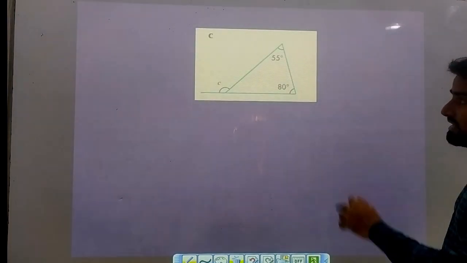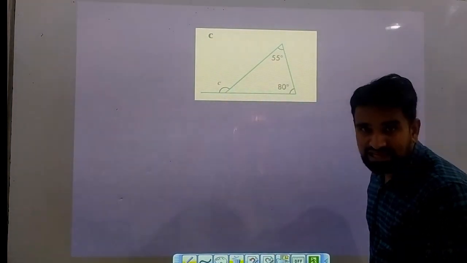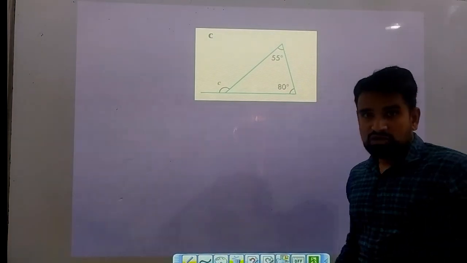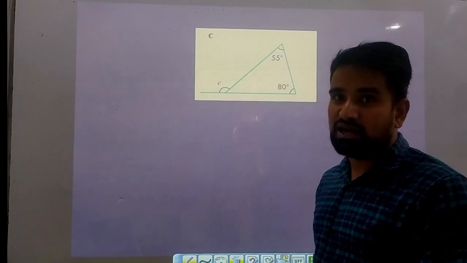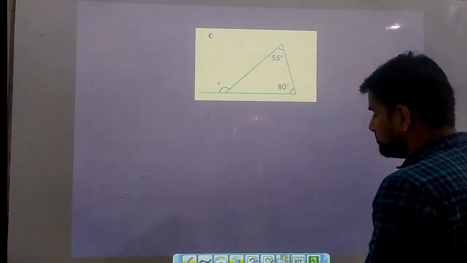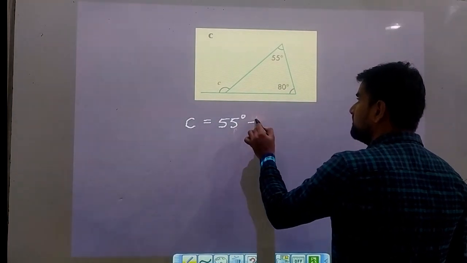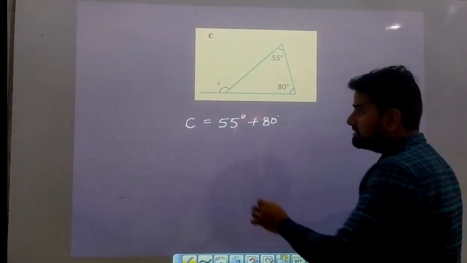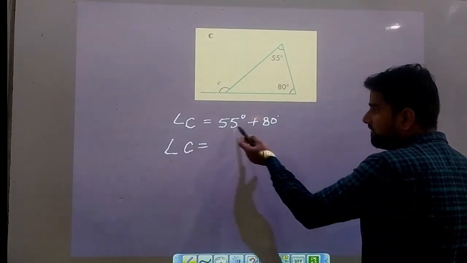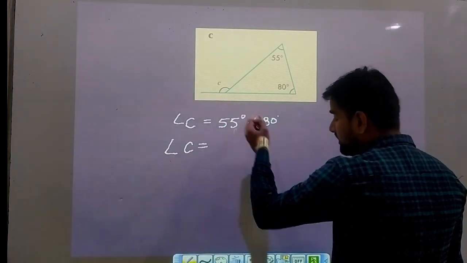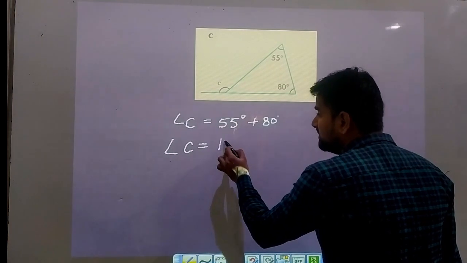Let's move ahead and take question number C. In question number C, this is angle C, and this is a simple exercise. If you want to practice, you can pause the video and do it by yourself, and then play it again. Here I can say that angle C is equal to 55 degrees plus 80 degrees. So 80 plus 50 is 130, 130 plus 5 is 135 degrees.